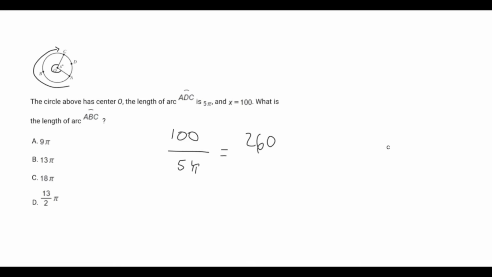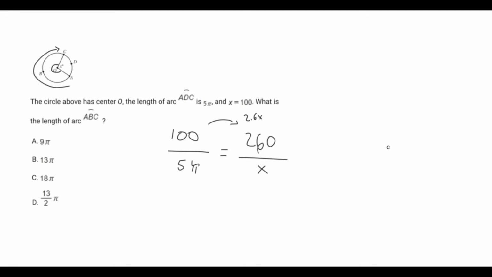And so now we can pretty easily figure out what our length of arc ABC is by just finding this corresponding value, right? So to do this, we can just find the factor. From 100 to 260, that is a scale factor of 2.6x, or 2.6 times.